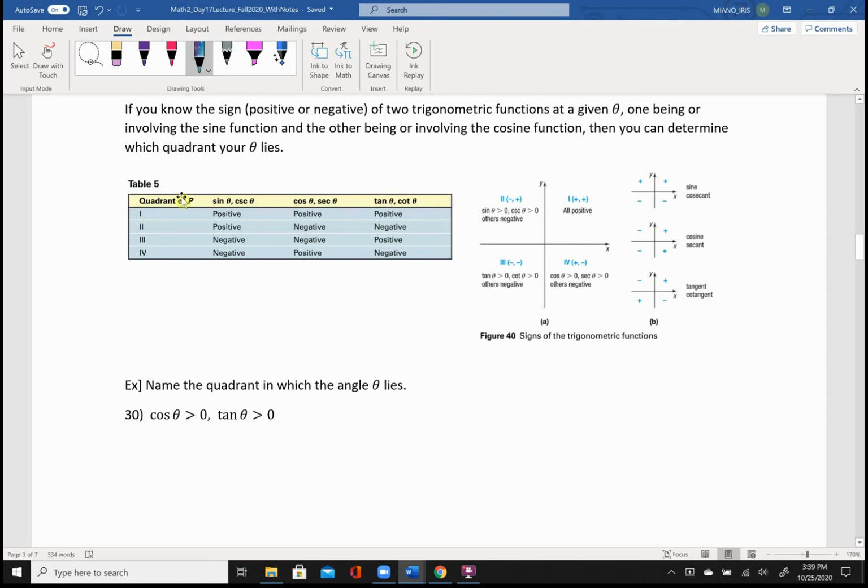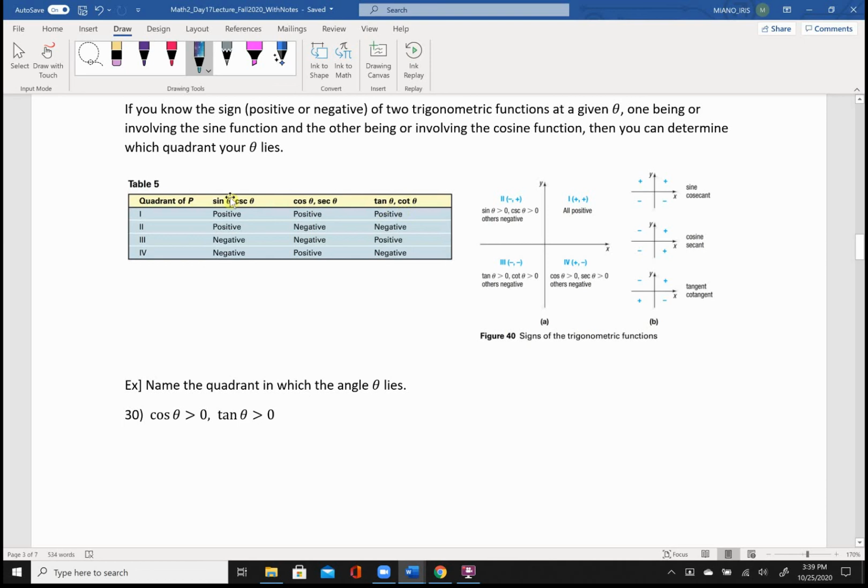So here, in the form of table 5 and figure 40, we have some reference information. If you know what quadrant your point is in, then you know what sign, and by sign I mean S-I-G-N, your sine function has, or cosecant, and then also cosine, secant, tangent, cotangent.